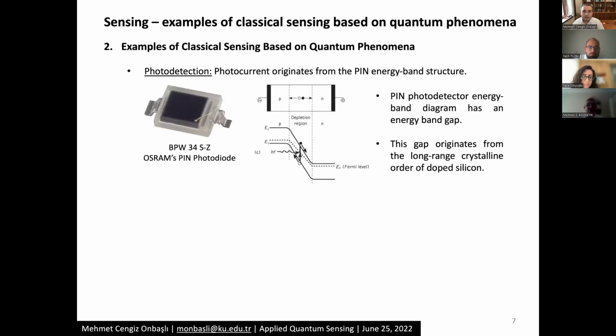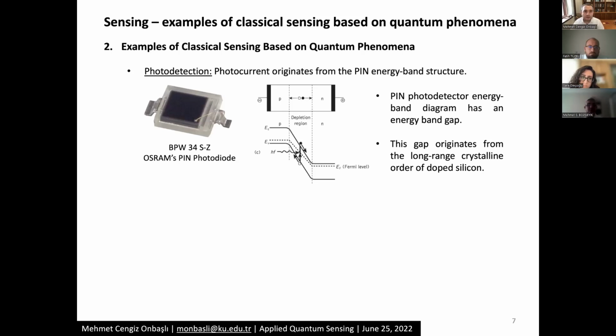So now let's think about classical sensors based on quantum phenomena, and I'm going to distinguish these types of sensors from the purely quantum features. When we refer to quantum phenomena, we are referring to discretized energy levels, which help us identify the state transitions as a spectrum peak.